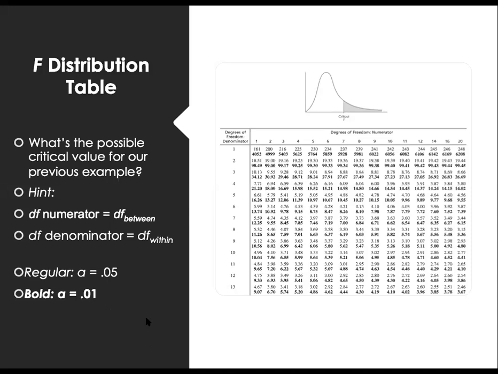Across the top, the columns are the degrees of freedom for the numerator, and along the side, the rows are the degrees of freedom for the denominator. It's kind of a pain because you have to know 2 different degrees of freedom values, but you don't have to worry about one-tailed or two-tailed tests, right? F is always a one-tailed test because it can't be negative.